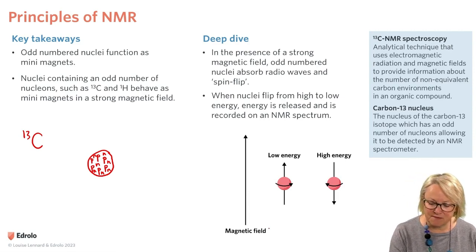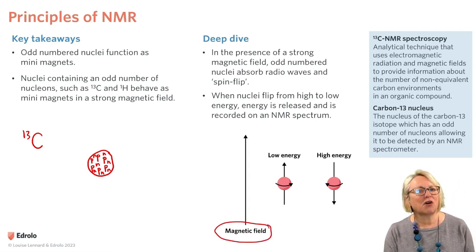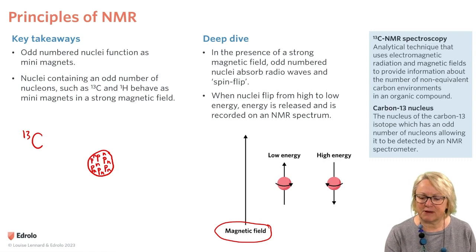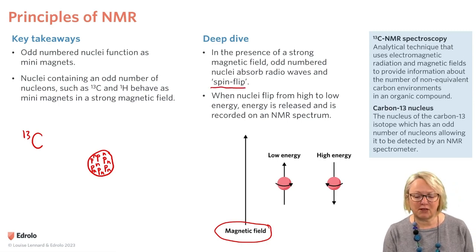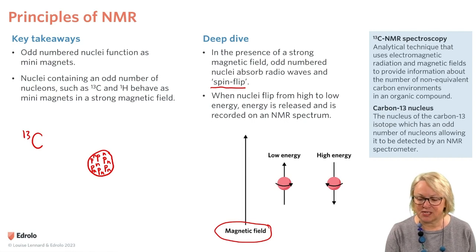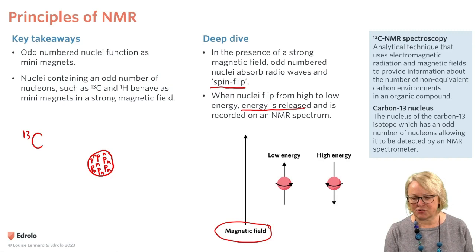So in the presence of a magnetic field, the nuclei that have got odd-numbered nucleons behave as these mini magnets, and in the presence of a strong magnetic field, odd-numbered nuclei absorb radio waves and spin flip. And then when the nuclei flip from high to low energy, energy is released and recorded on an NMR spectrum.